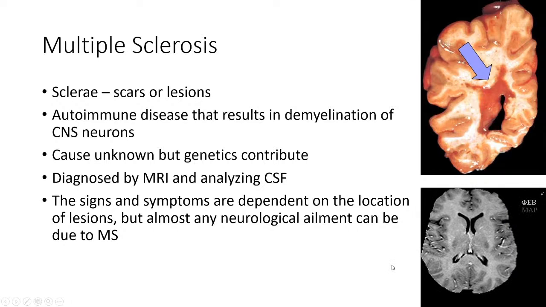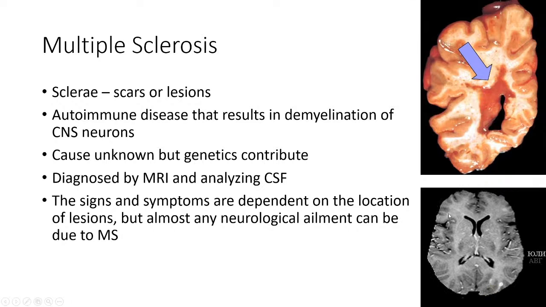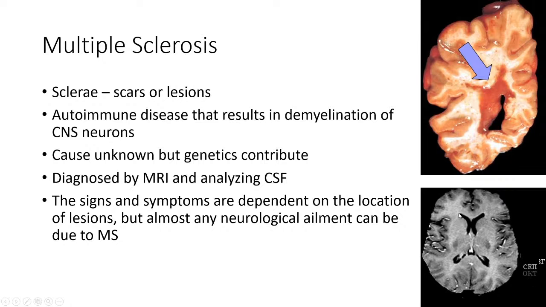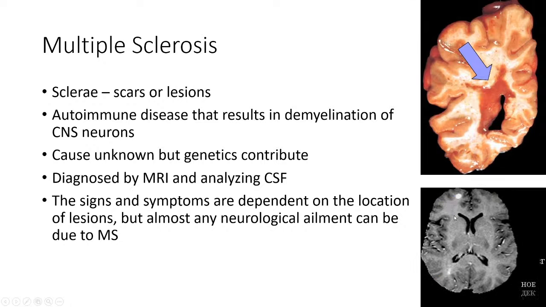All right. So the signs and symptoms of multiple sclerosis are actually dependent on the location of the lesions. And so you know that different regions of the brain are specialized for different functions. If you have these sclerae pop up in the region responsible for speech, you will be unable to speak.